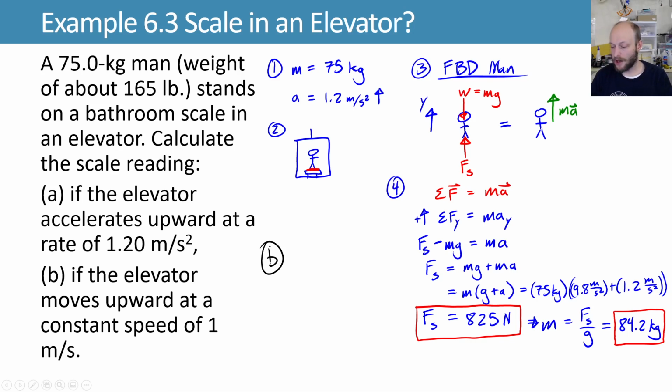Well, if the elevator moves upward at a constant speed, then our acceleration is equal to 0. So if we have an acceleration equal to 0, whatever our velocity is here, 1 meter per second upward, our analysis should still be valid. It's just now we know acceleration is 0.